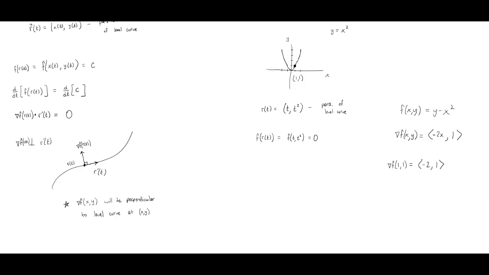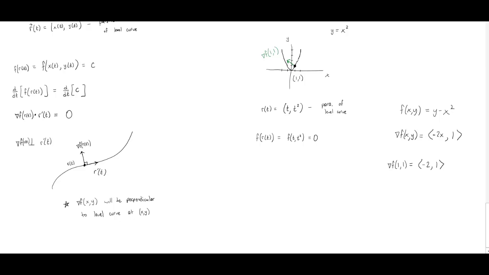So I'm going to try to draw this gradient vector in my picture. Guess I'll do it in green. So I'm going to start at the point 1, 1. And then the vector negative 2, 1, I'm going to go out negative 2 and then up 1. So this green vector that I've just drawn, that would be the gradient vector at the point 1, 1. Okay? So it was negative 2 in the x direction, and then 1 in the y direction.